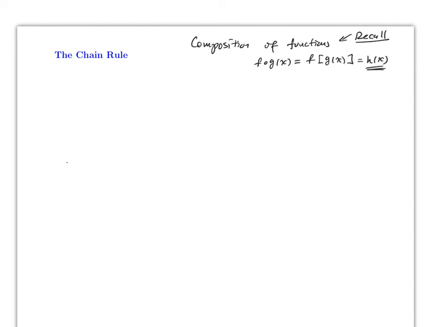Okay? So what the chain rule says is this: you have a composition of functions, which will be this. So if you have a composition of functions, then the derivative, so this is the short notation, is the same thing as the derivative of f evaluated at the function g times g prime.